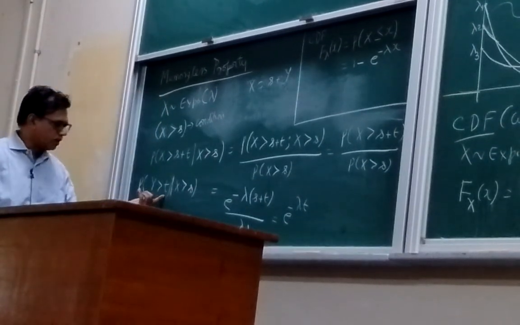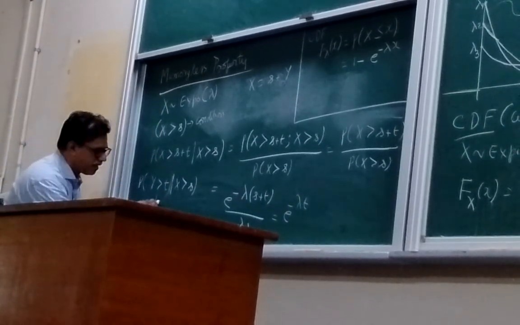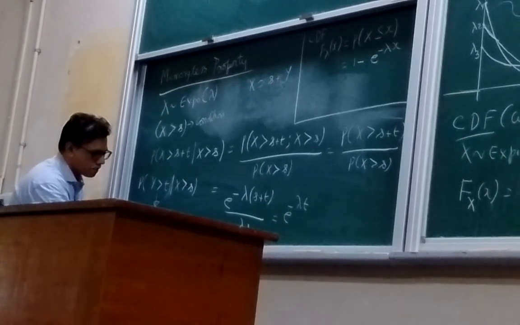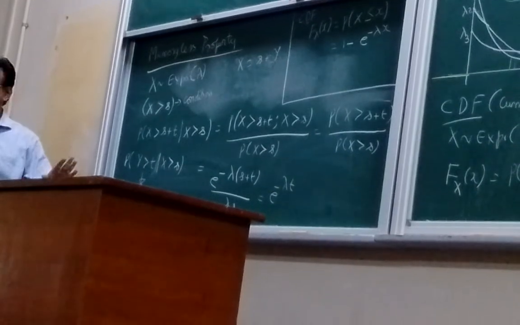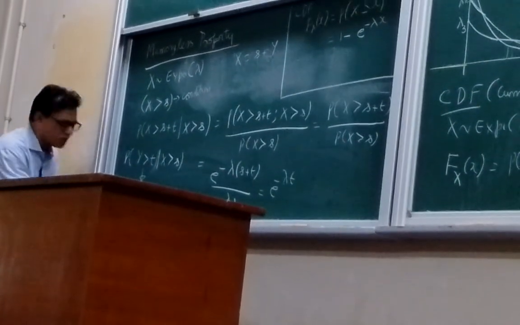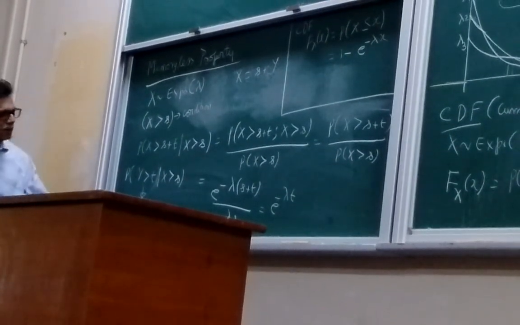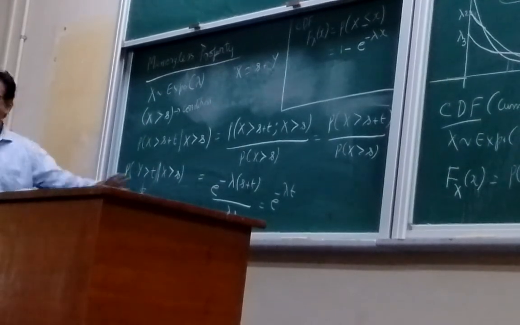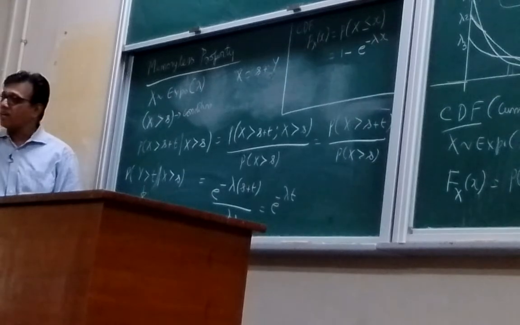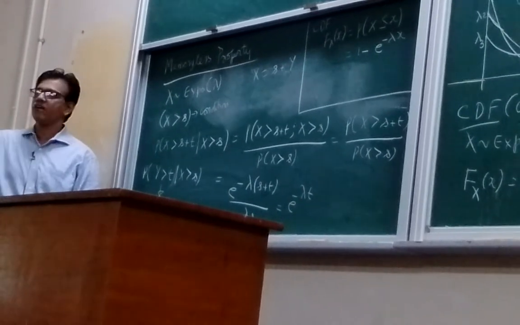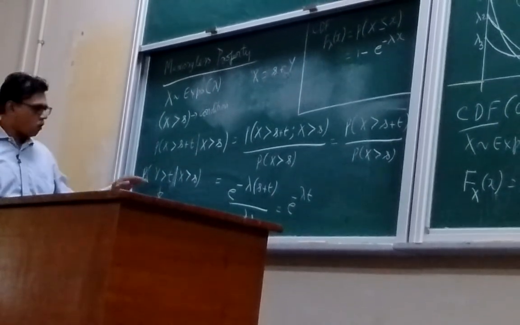So what is this one? This is the conditional complementary cumulative distribution function of Y. That is of this form. So what will be the form of the CDF of Y?